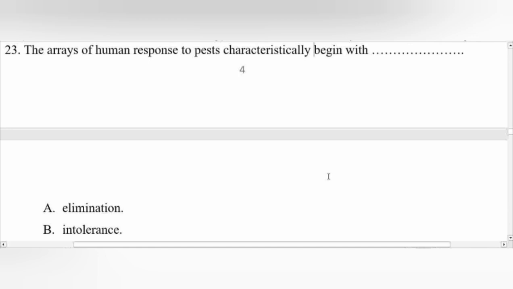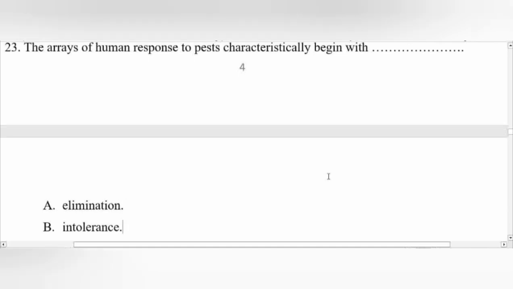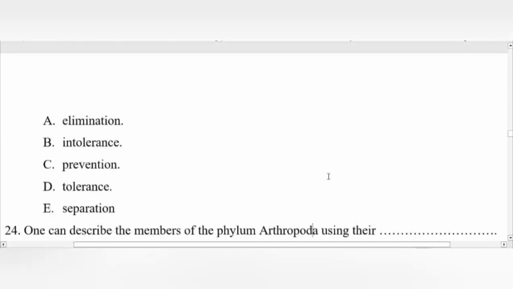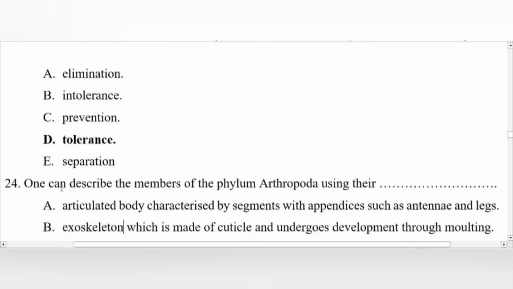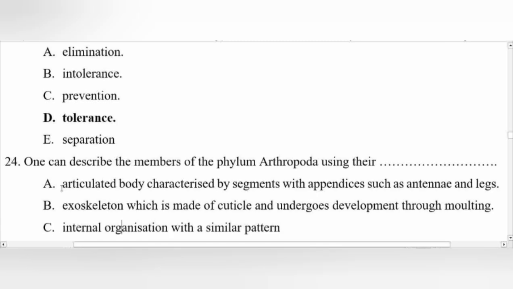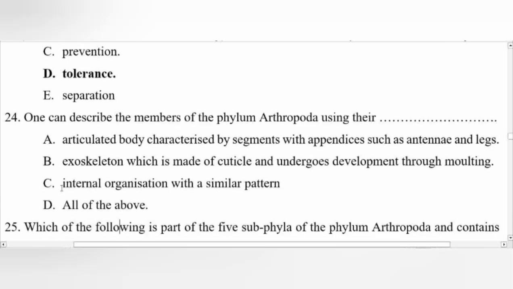Yes, so the stages of human response to pests basically begin with tolerance. We tolerate the pest for some time.